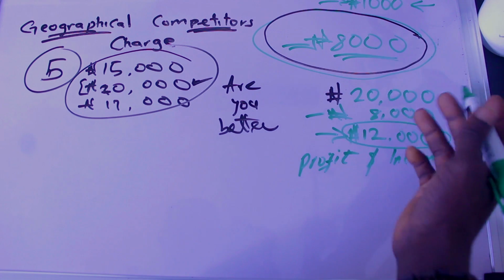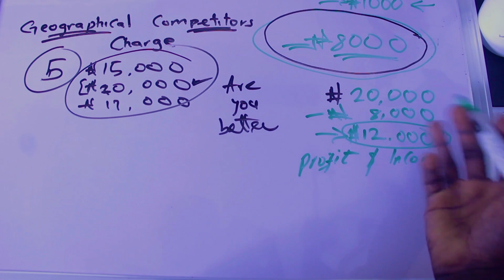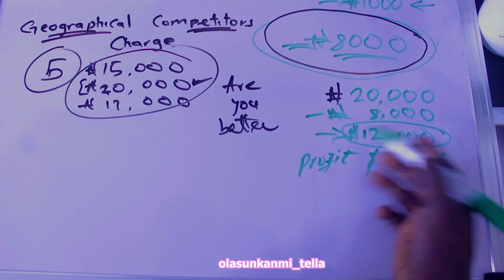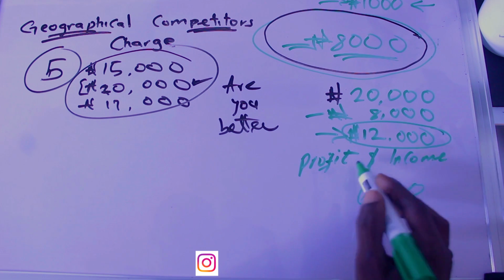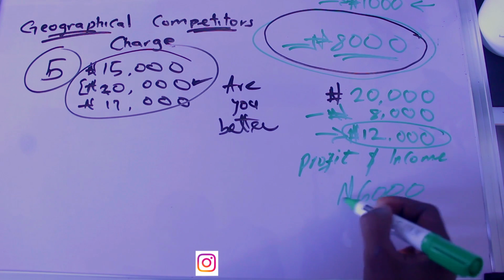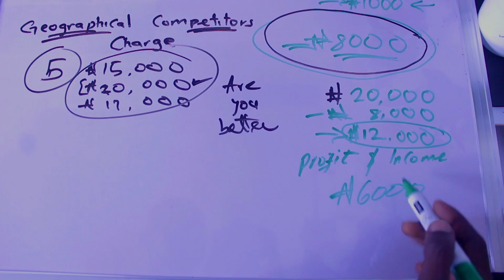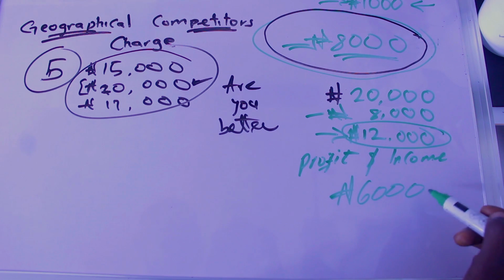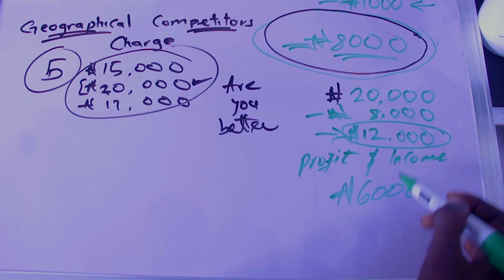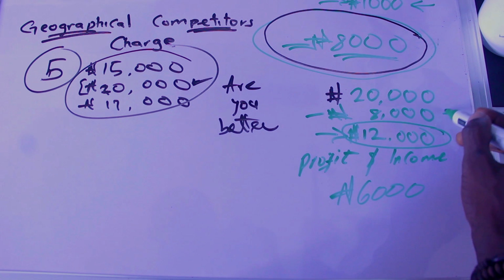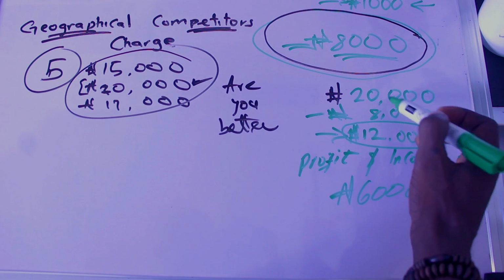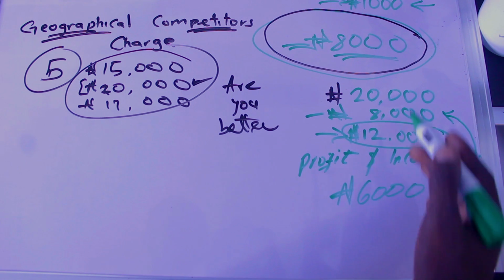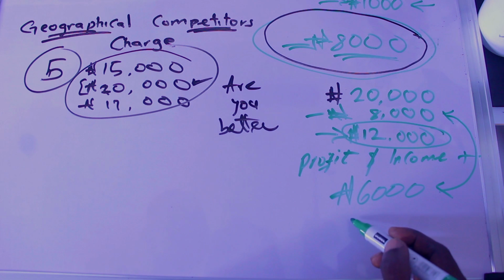So if you think you're still working up to them, let's say you divide this into two, it's going to be 6,000 naira, out of your profit and your income. So 6,000 naira. Now all you have to do is add this 6,000 naira to your 8,000 naira. You get that? 6,000 naira plus your 8,000 naira will give you a total of 14,000 naira.